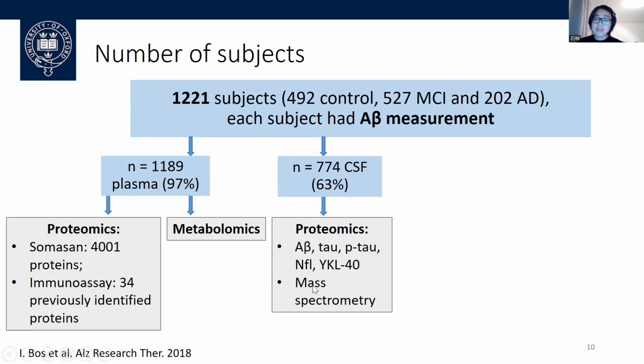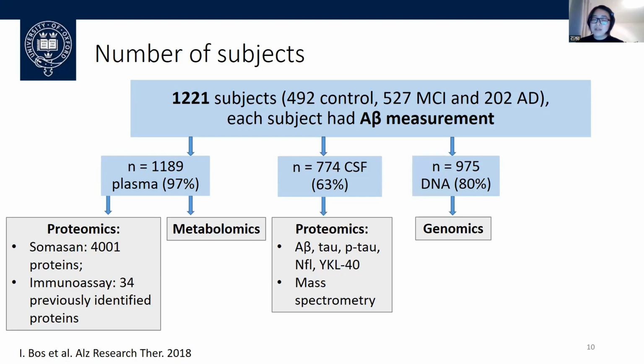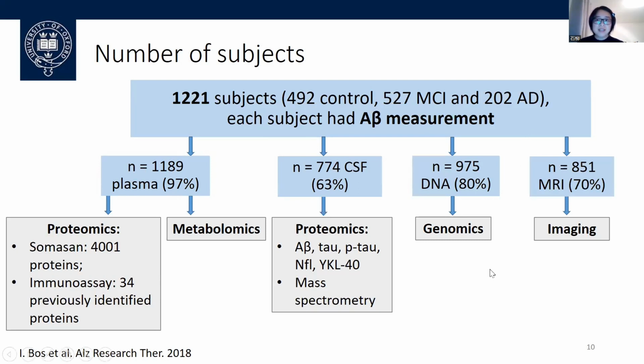Second, we used mass spectrometry to identify new biomarkers in CSF. In addition, 80% of the samples had genomic data and 17% of them had MRI data. So as you can see, this is a large effort from European collaborators. And at Oxford, we focus on plasma proteomics.